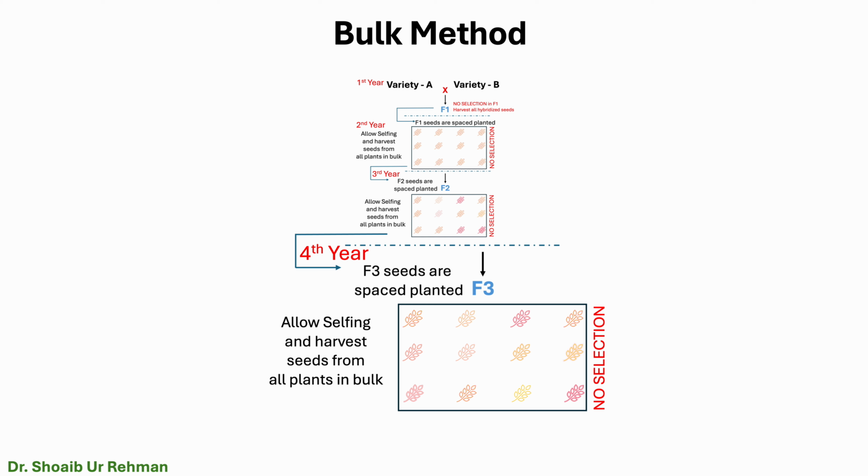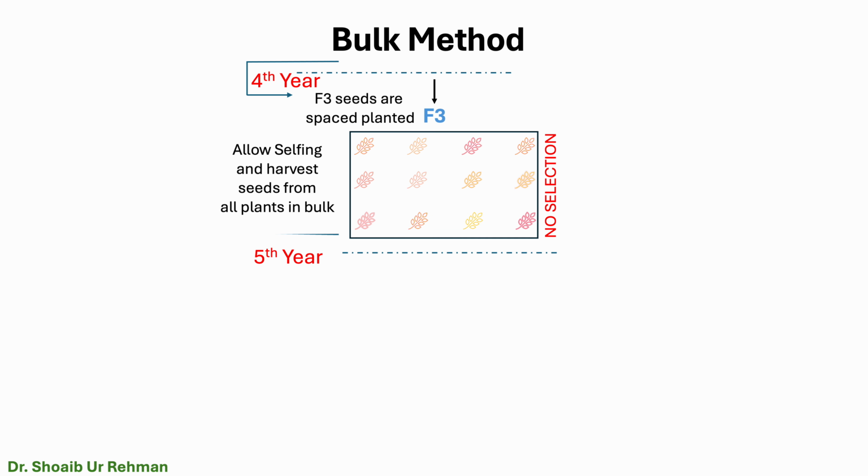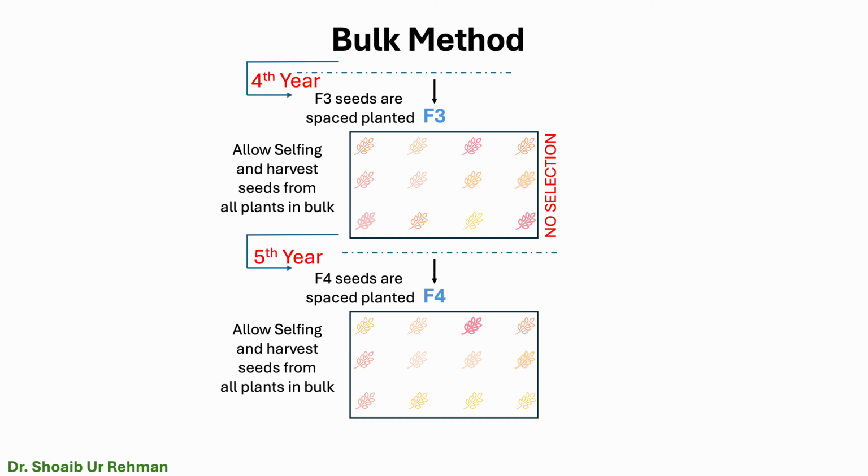So again, in the fourth year, from the F3 population, you should harvest all the seeds from all plants and then move to the fifth year. Again, you should plant all the seeds which you harvested from the previous generation and let the plants grow naturally.